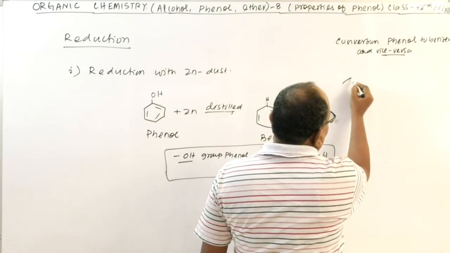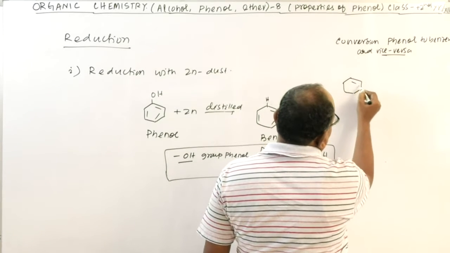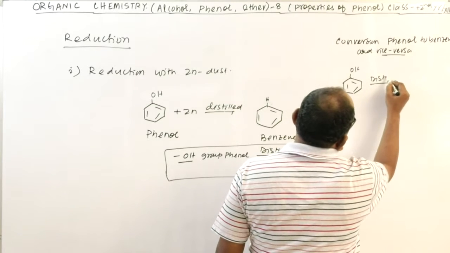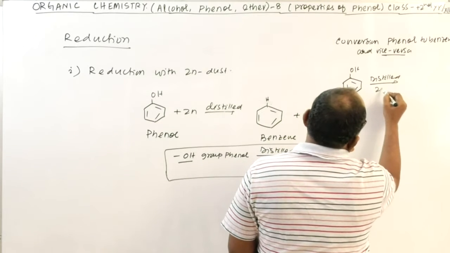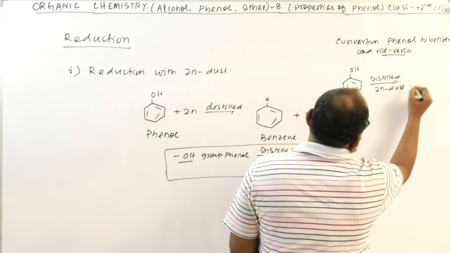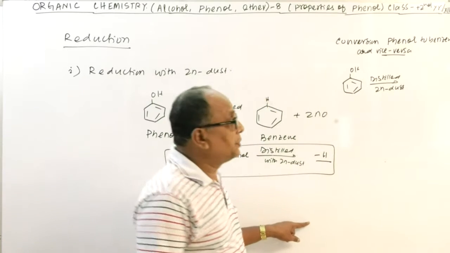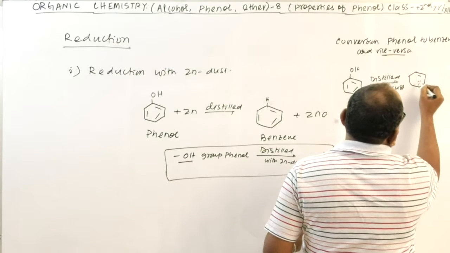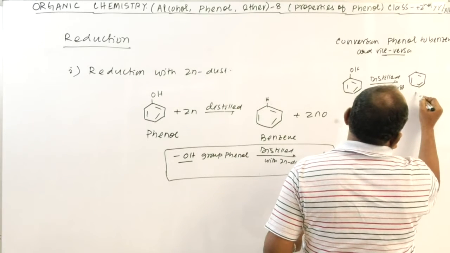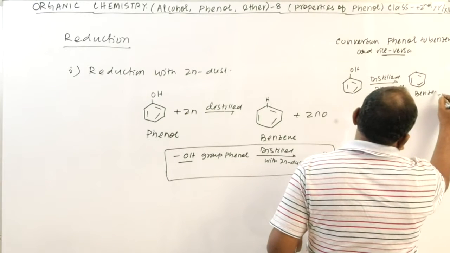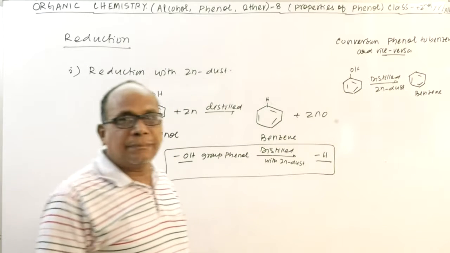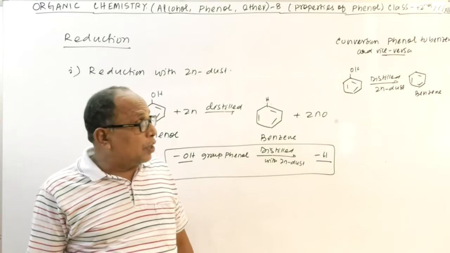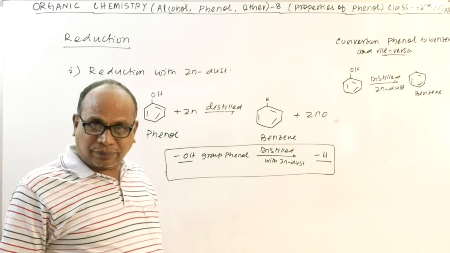You just take the phenol, distill with zinc dust. What will it give? It gives you benzene. How can you convert benzene to phenol?